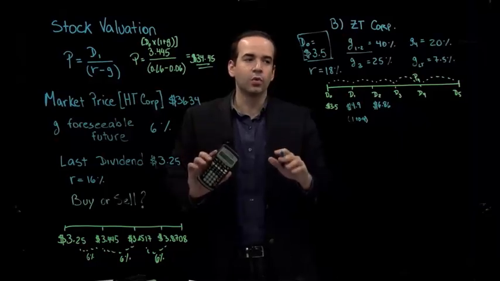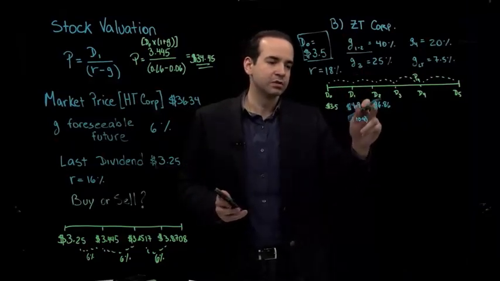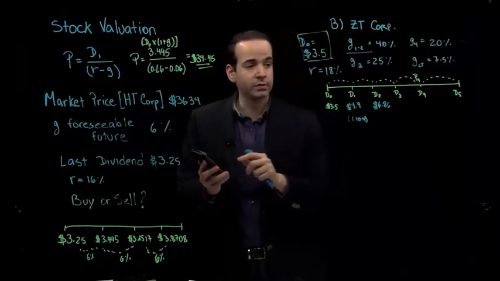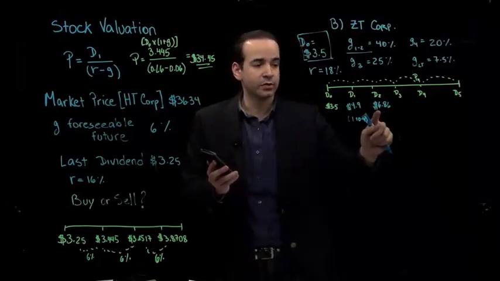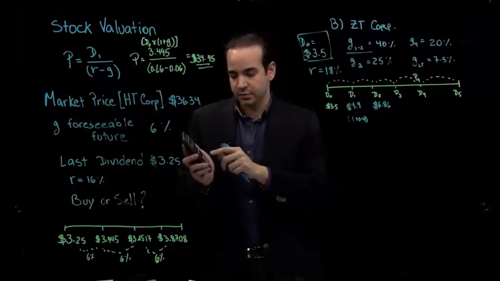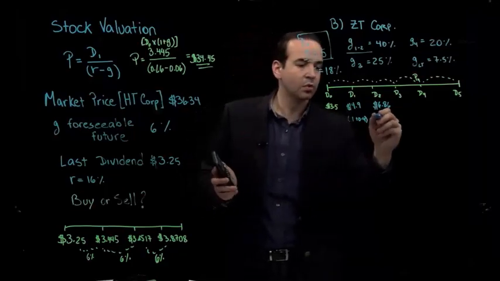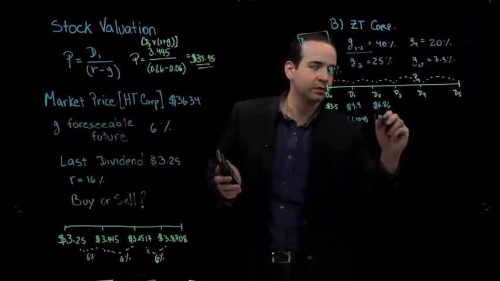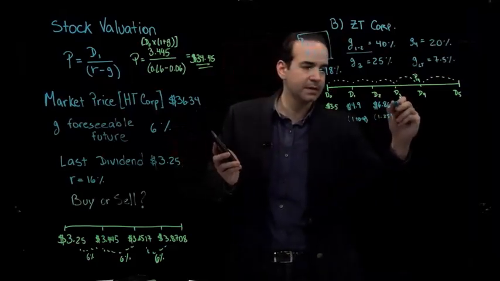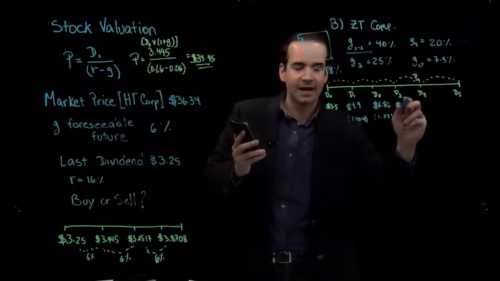It's now at a slower pace of 25%. So we assume that the dividend in year 3 is the dividend at year 2 increased by 25%. So 6.86 multiplied by 1.25 is going to be 8.575.